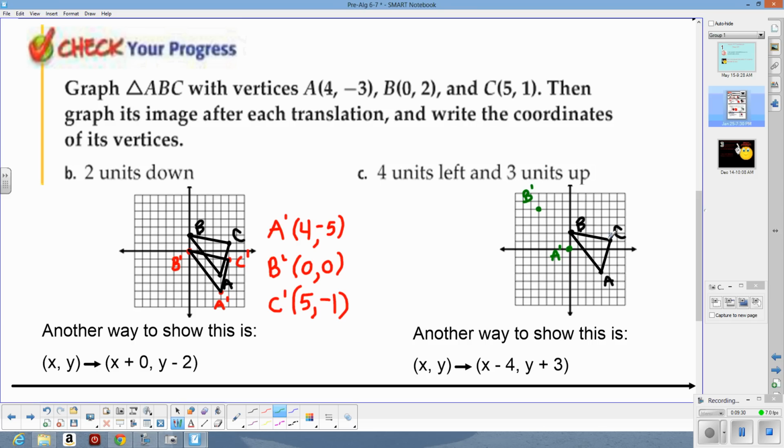And then we're going to take C, move it 4 units left and 3 units up. Connect those. You have a triangle just like the first one, but it's moved 4 to the left and up 3.